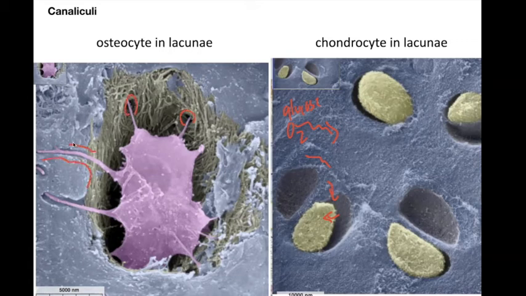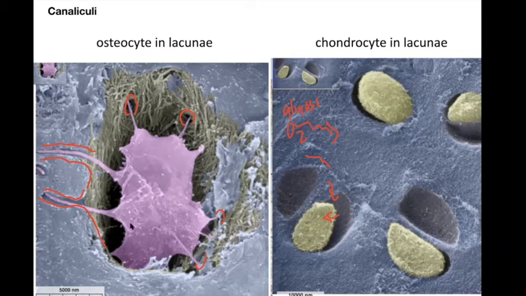going through the matrix. You can see these over here. Those little canals are a fluid-filled space that's continuous with the lacunae. The cell sits in here and extends its arms out through these canals, and oxygen, glucose and fluid can flow into this area.